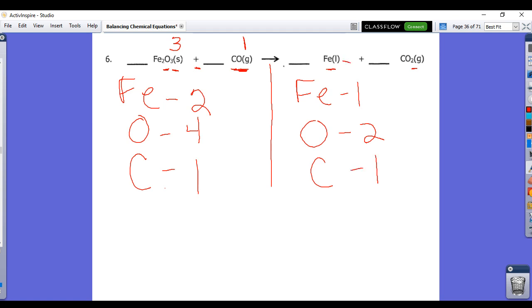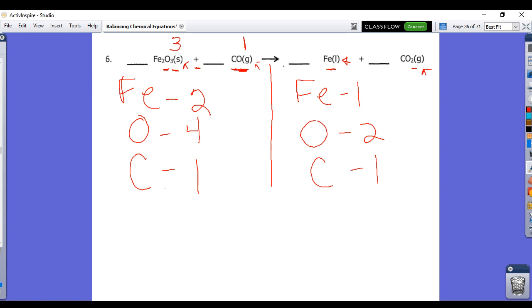Now, if you notice right here, you see an L, a G, an S. Remember in my video that explained when we first started talking about balancing equations, I pointed out that sometimes you may see these after your element or compound in the equation. It's just telling you the state of matter.